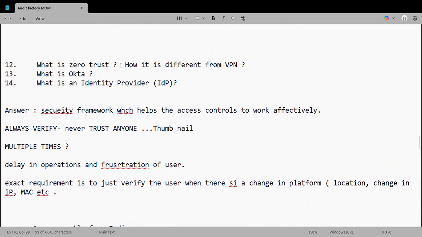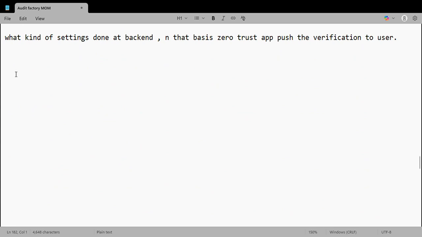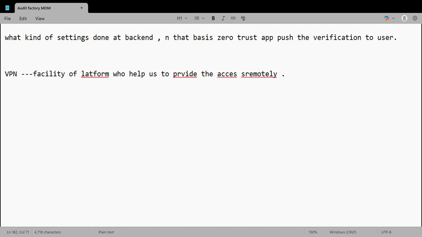The second part of the question is how it's different from a VPN, guys. VPN is a completely different case. A VPN is a facility or platform which helps us provide access remotely. There is no relation between zero trust and a VPN.